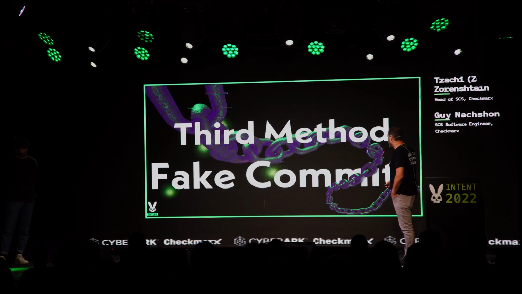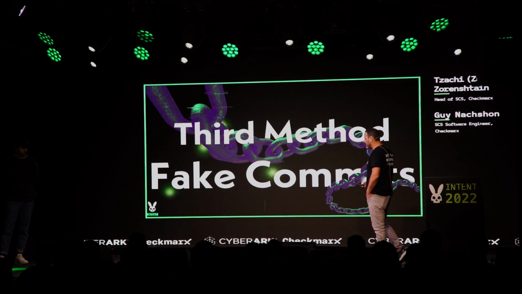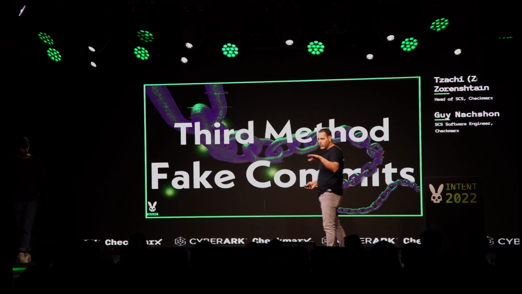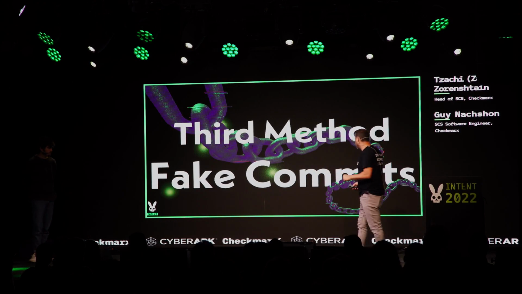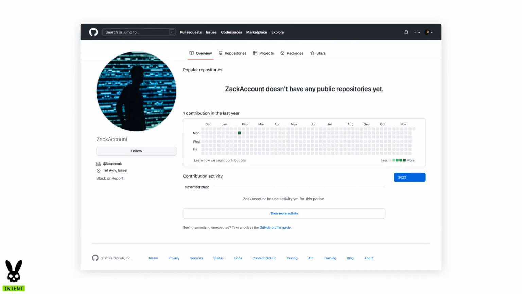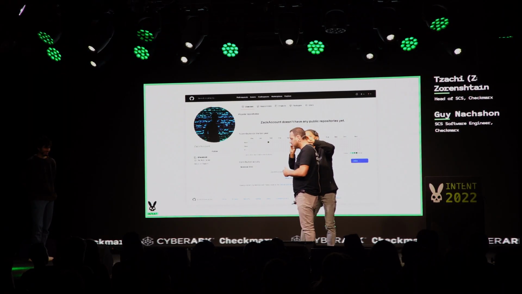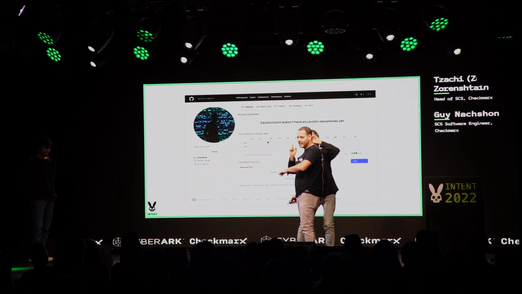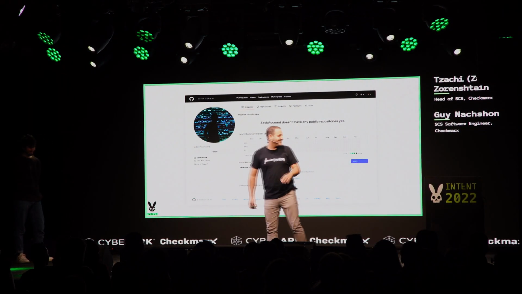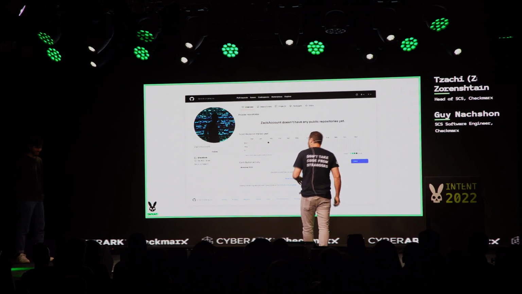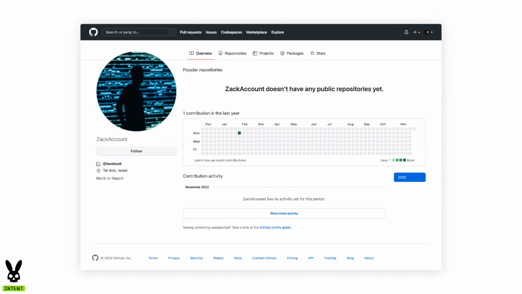And I'm going to show you another method to fake, this time, a contributor or a user on GitHub, using what we call fake commits. If I were to go to this person and look at the code there, I wouldn't take his code.